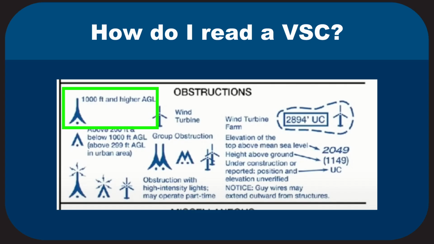When dealing with obstructions for your Part 107 exam, you will again find most of these in the legend. For example, you may be asked if there is an obstruction higher than 1,000 feet above ground level near the area on the chart.